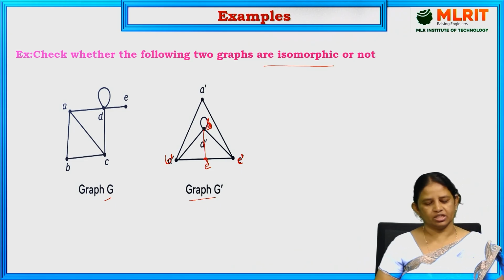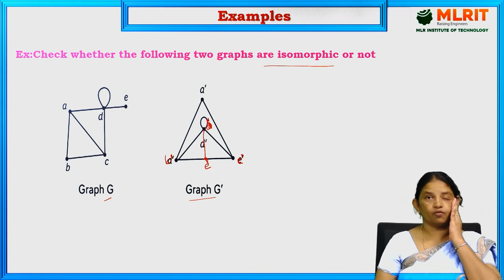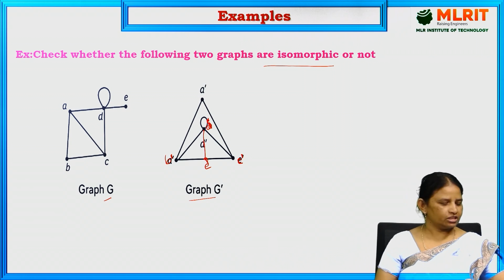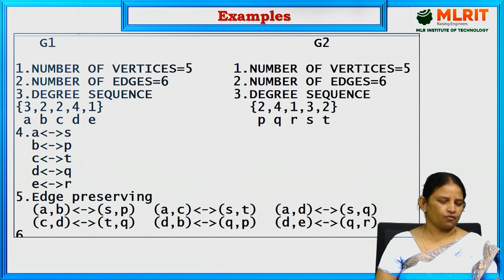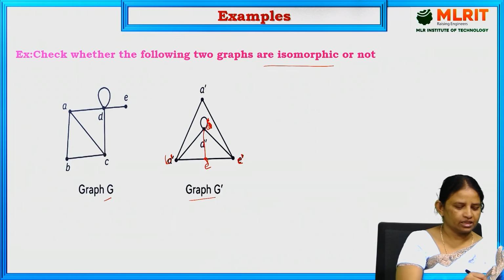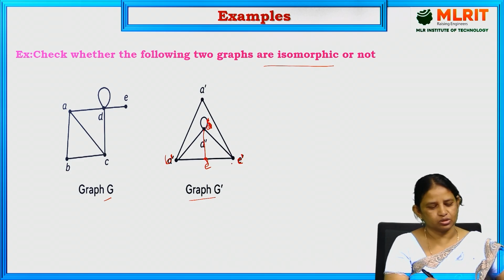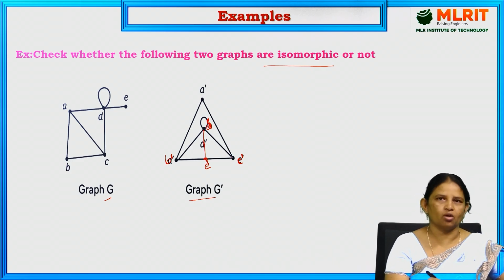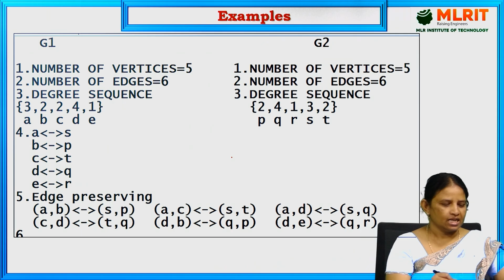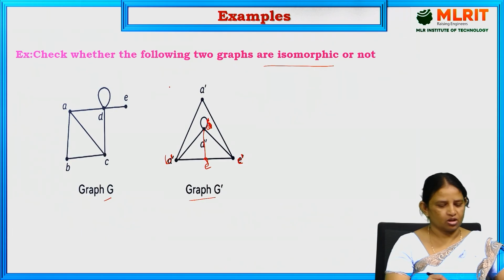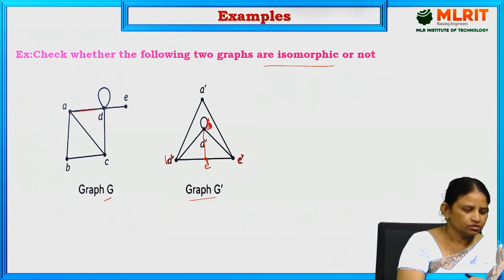Now we need to check whether the two graphs are isomorphic or not. First is the number of vertices. How many vertices are there in the first graph? 5 vertices. The second graph also consists of the same number of vertices. Second is the number of edges. How many edges? 1, 2, 3, 4, 5, 6, 7.